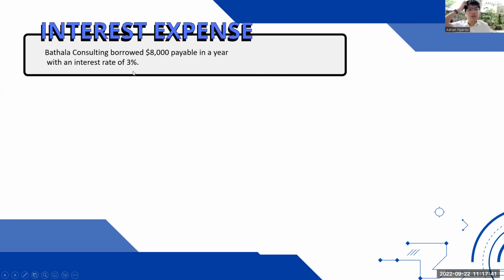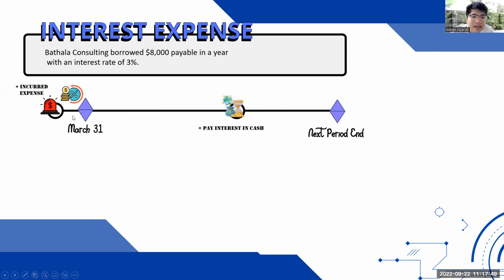So every period, you have to recognize magkano na ba yung interest expense associated to my loans. At the end of the period, magkakaroon ka ng expense, particularly interest expense. And then next period mo pa babayaran yung interest na yun. Pero now, we have to recognize an expense. We have to recognize our accrued expense.